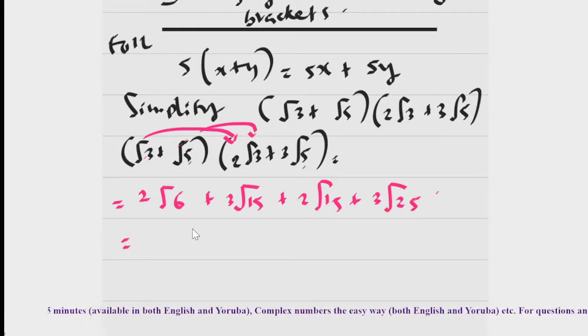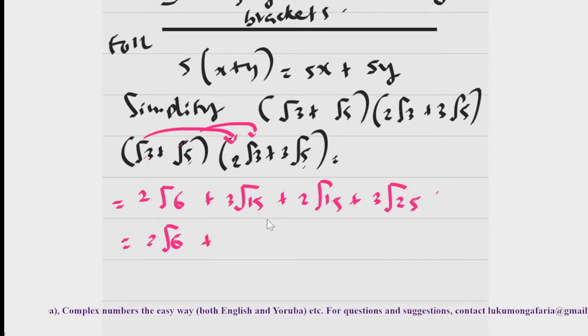So if you simplify it further, this is going to give me 2 root 9 plus 5 root 15, because they are the same terms, you can add them together, then plus 15.